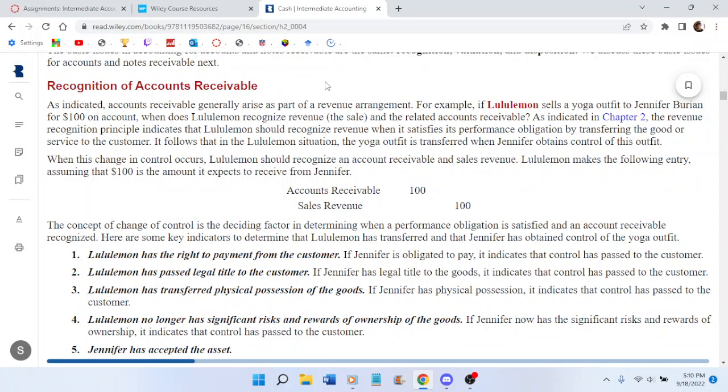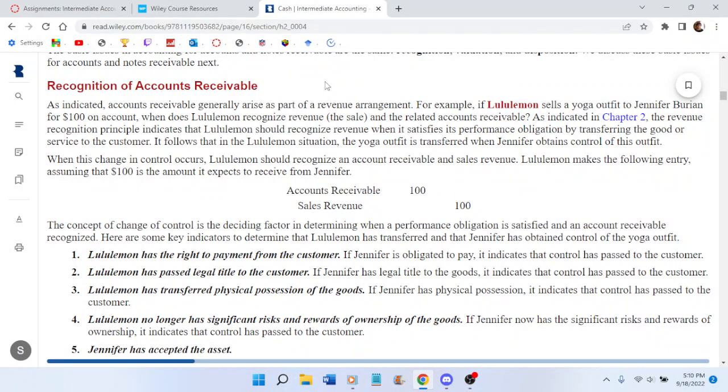If Lululemon sells a yoga outfit to Jennifer Berian for $100 on account, when does it recognize revenue and the related accounts receivable? It will recognize revenue when it satisfies its performance obligation by transferring the good or service to the customer. That is when Jennifer obtains control of the outfit.